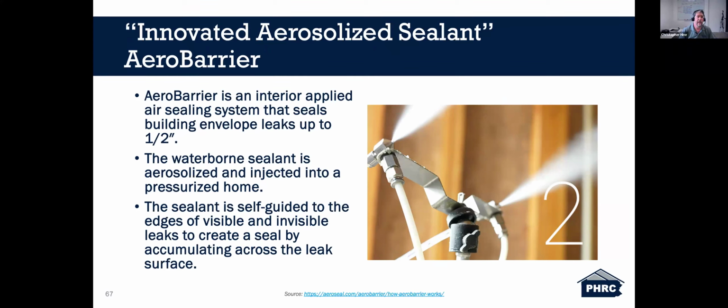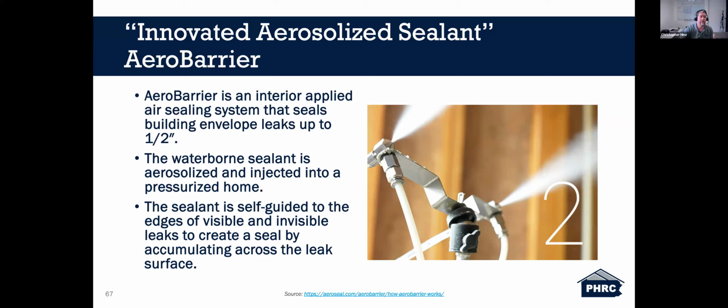product. If you're not familiar with AeroBarrier, it's an interior applied air sealant system that fills gaps and cracks up to a 1/2 inch. If you envision running a blower door test in reverse: a blower door test typically depressurizes the house, so it sucks air out through the fan.